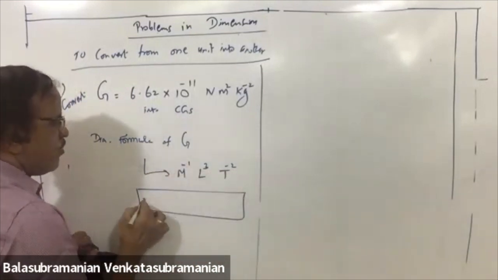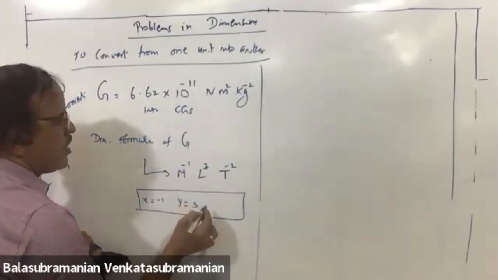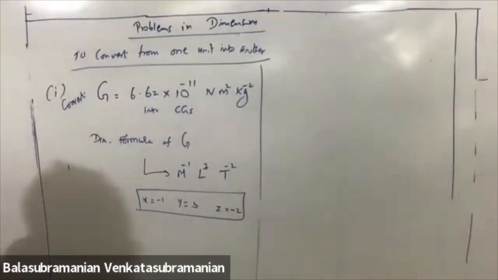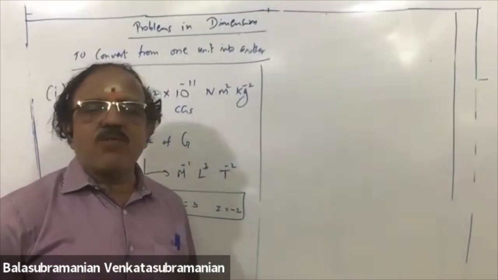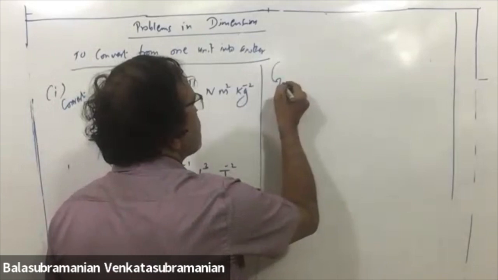So directly you can put x is equal to minus 1, y is equal to 3, z is equal to minus 2. What quantity is to be calculated? G CGS.